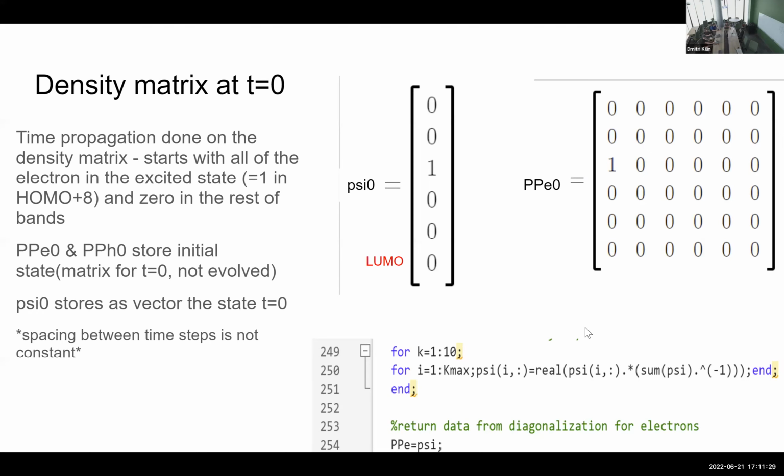That's using this code snippet on the bottom. The size 0 is used to calculate some of the coefficients, as Landon was talking about before, and that's just the first column of this PPE matrix. For the holes, it's basically the same story, just reversed, because you're counting down from LUMO.